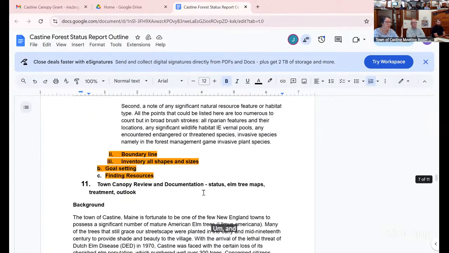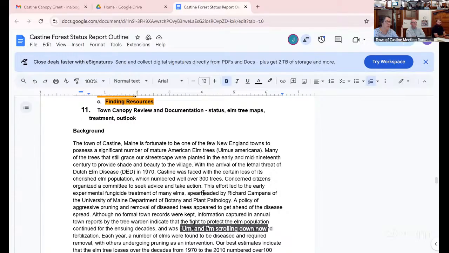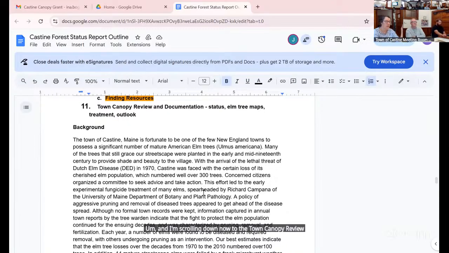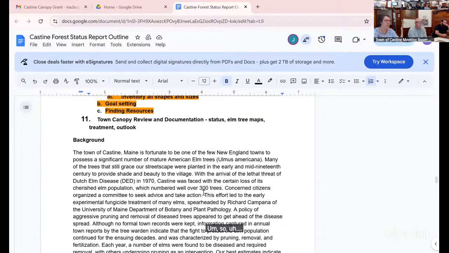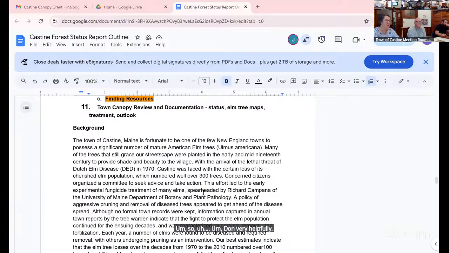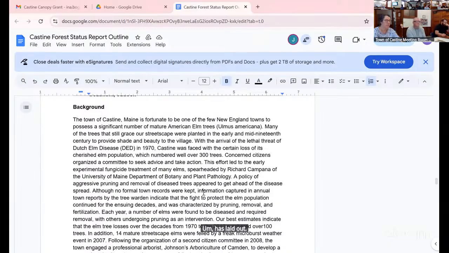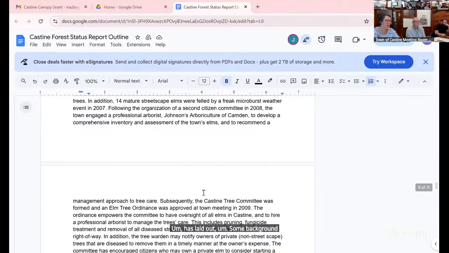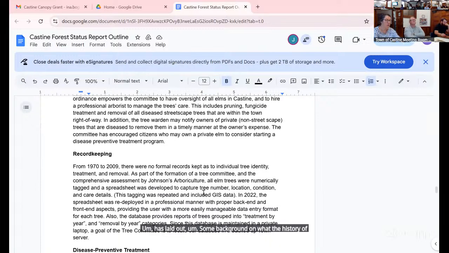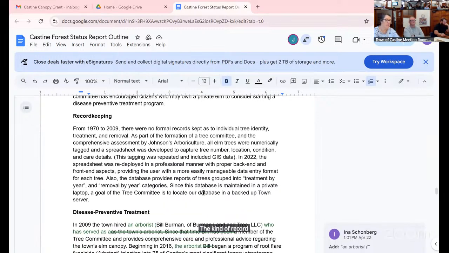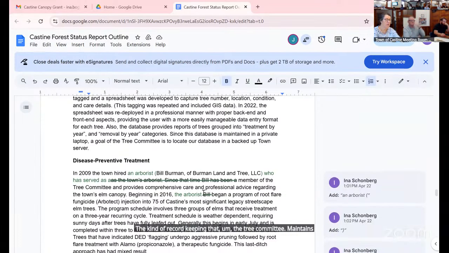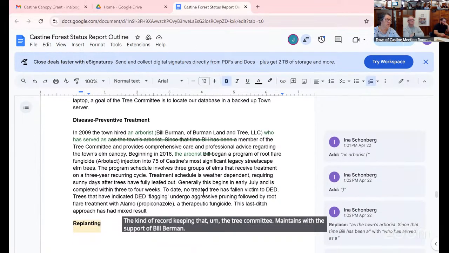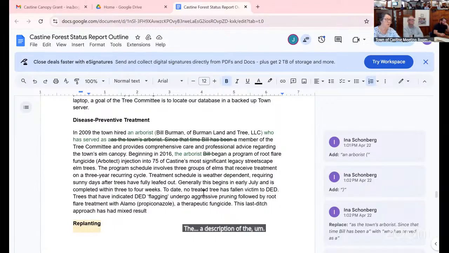And I'm scrolling down now to the town canopy review and documentation. Don very helpfully has laid out some background on the history of what we've done, the kind of record keeping that the tree committee maintains with the support of Bill Berman, a description of the disease issues and preventative treatment.